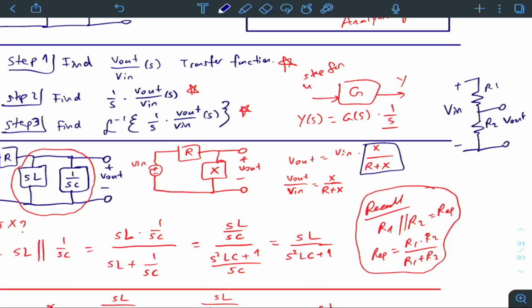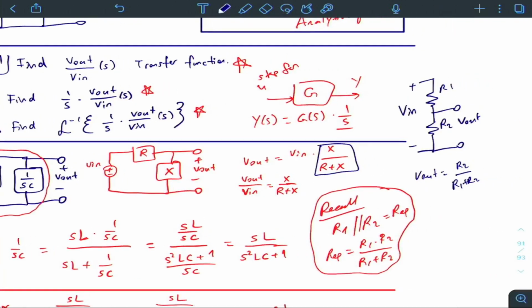In that case, V out would be R2 over R1 plus R2 times V in, right? Okay. This is a voltage divider, right? Voltage divider. Okay.